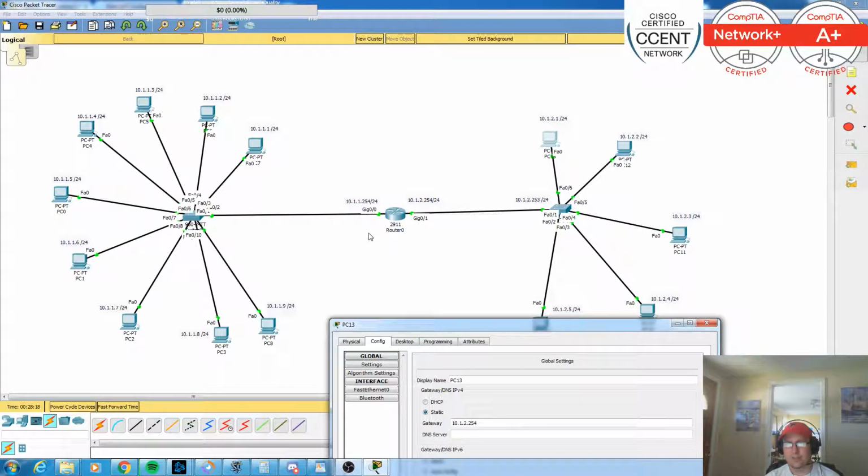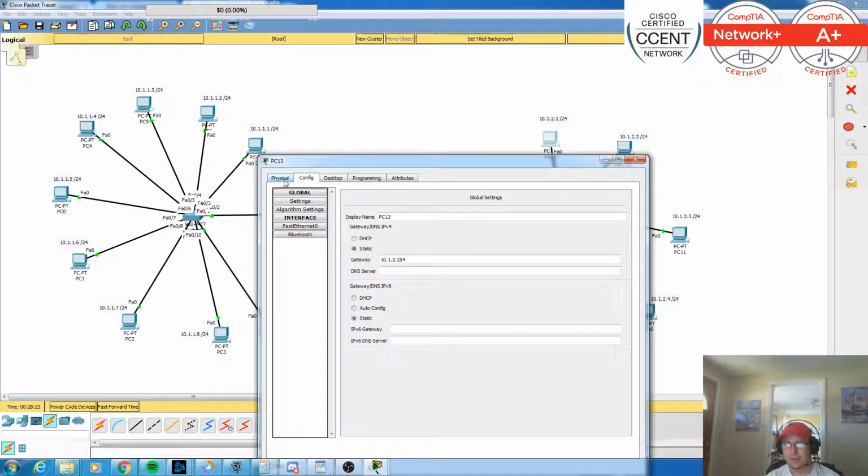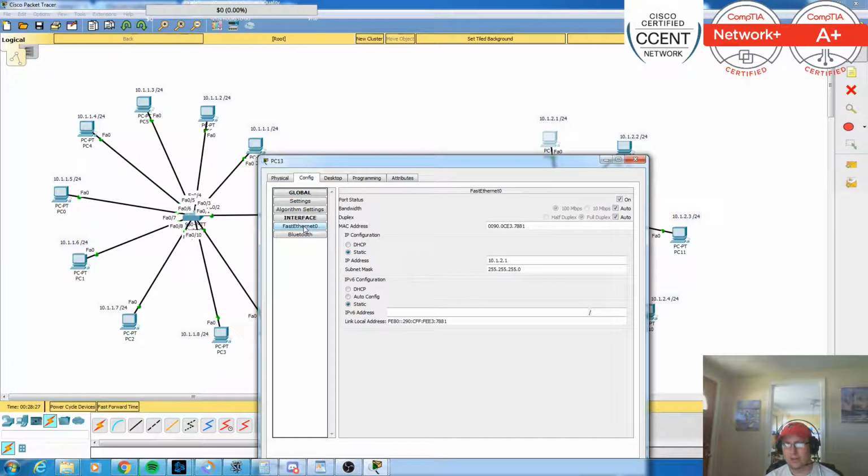And for this side, their default gateway goes to the closest port on the router facing towards the network. It's a quick way to do that. And then if I go down here to FastEthernet 0, you can see I statically assigned an IP address and a subnet mask. We'll talk about setting up DHCP via the router eventually. But for this one, we're just looking at broadcast domains.